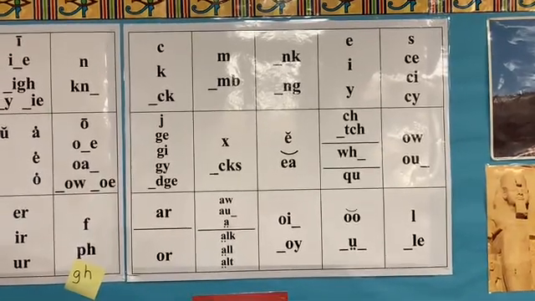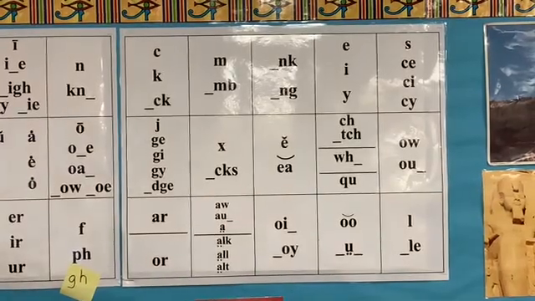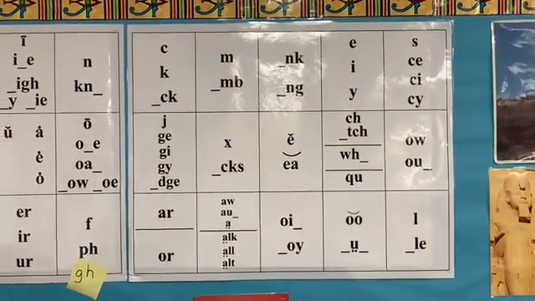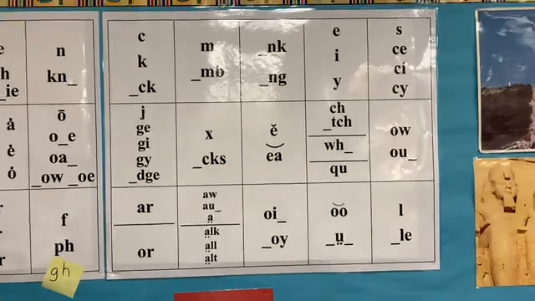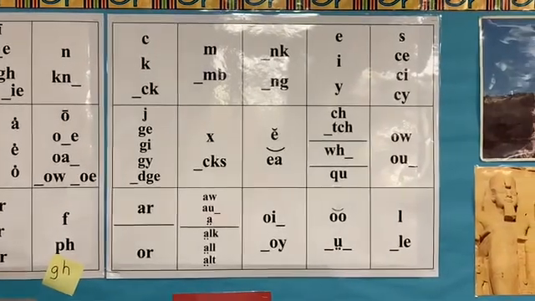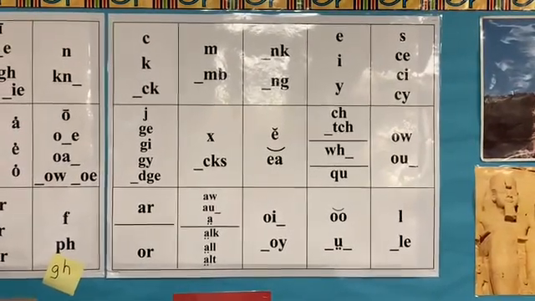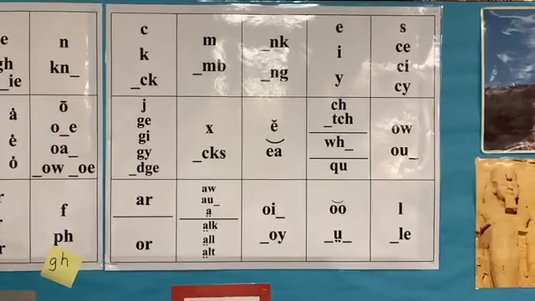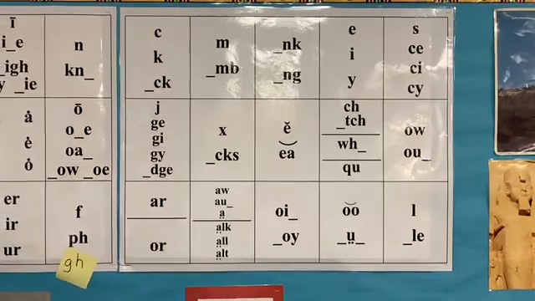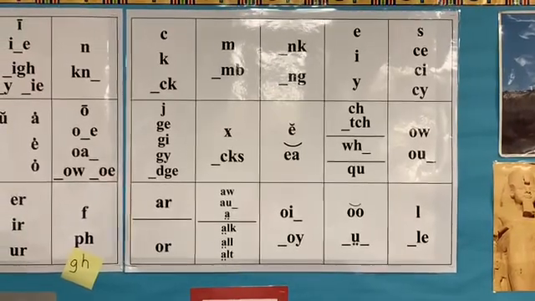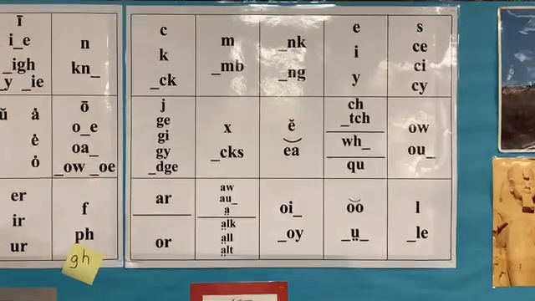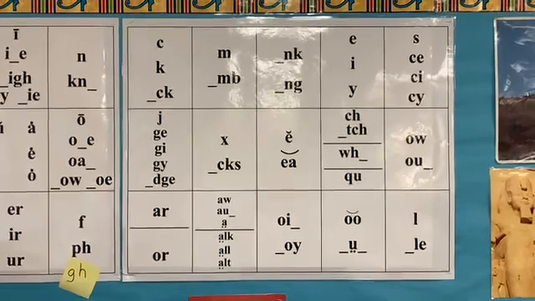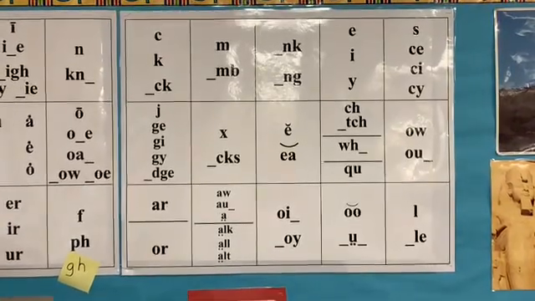Signal letters, E-I-Y. Sound. S. Spellings. C-E, C-I, C-Y. Sound. J. Spellings. G-E, G-I, G-Y, blank D-G-E. Sound. X. Spellings. X, blank C-K-S. Sound. E. Spellings.